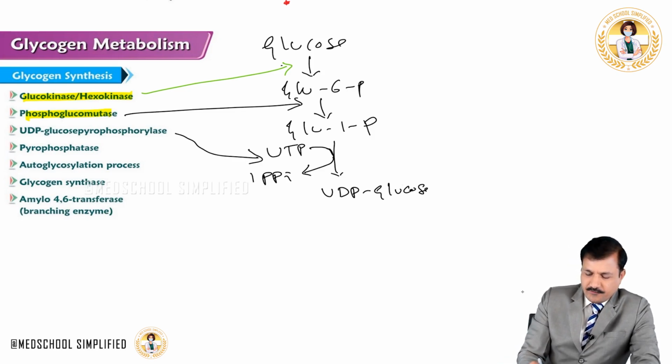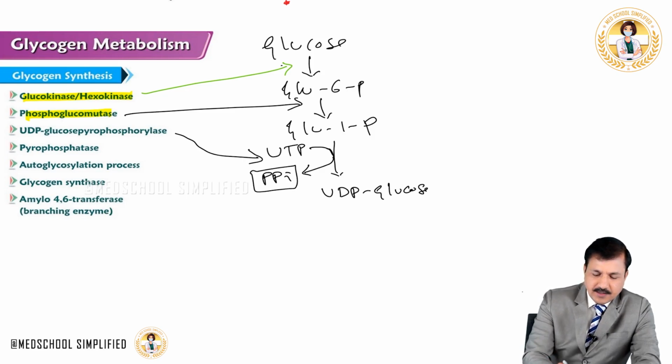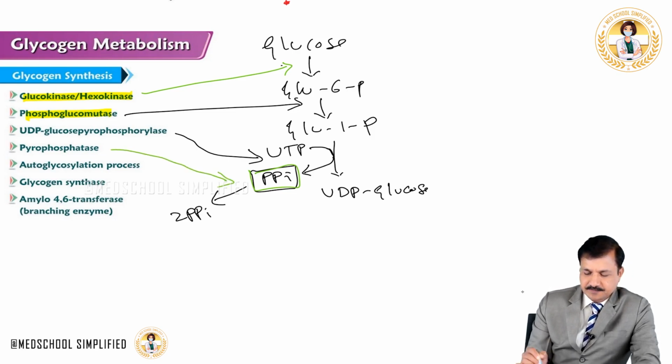Now this pyrophosphate made here will break into 2 inorganic phosphate molecules, and that is catalyzed by the enzyme pyrophosphatase.